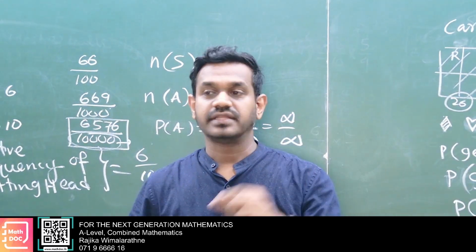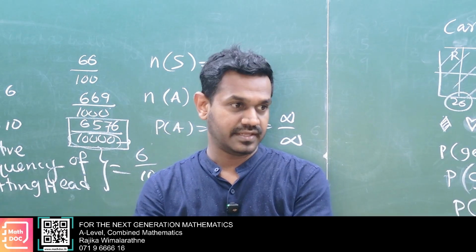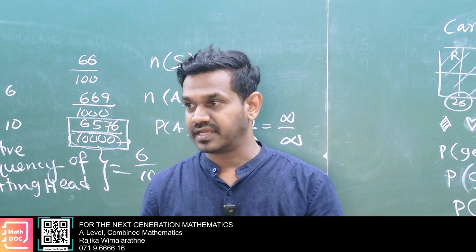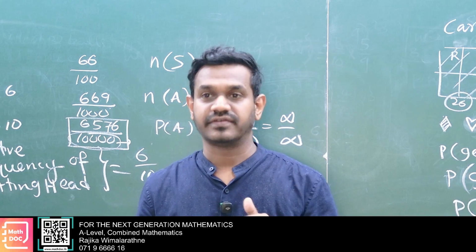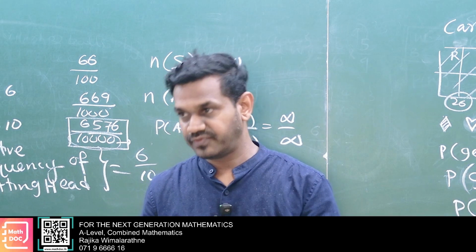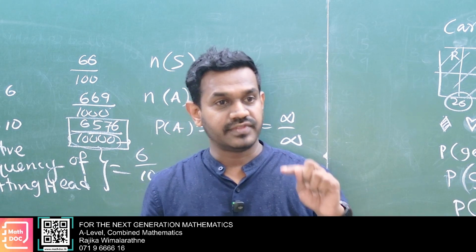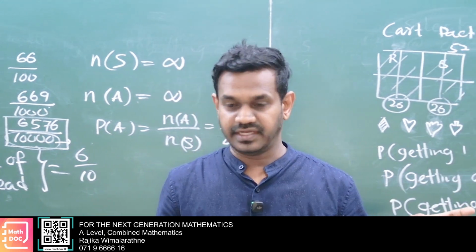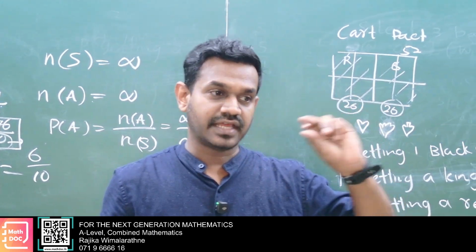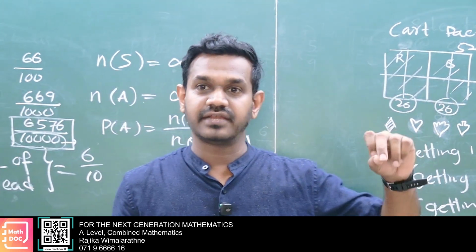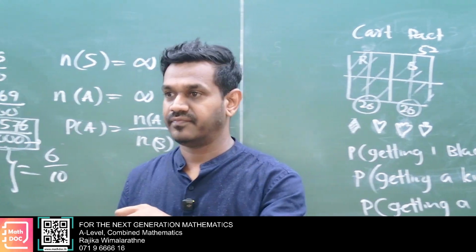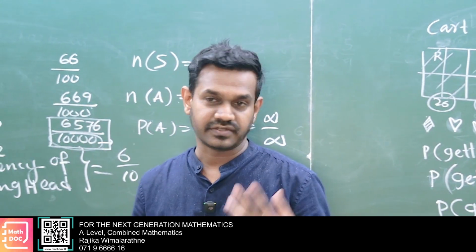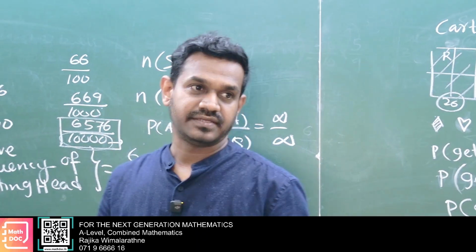If the occurrence of A is small n and the total trials is capital N, then small n divided by capital N we call the relative frequency of A. If the limit as capital N goes to infinity, that fraction tends to a finite value. That finite value we call the probability of occurrence of A. That is the frequency definition. That is not always applicable for us.